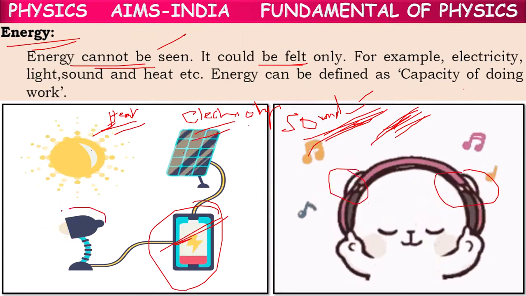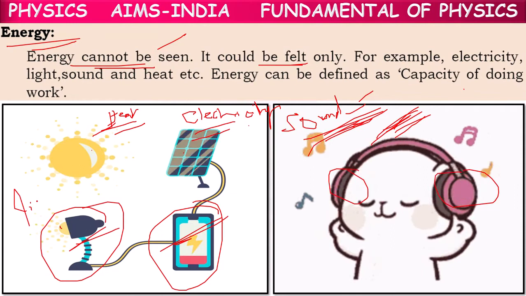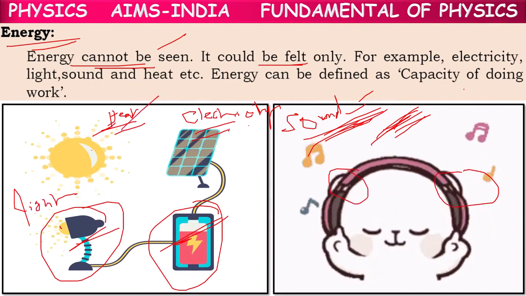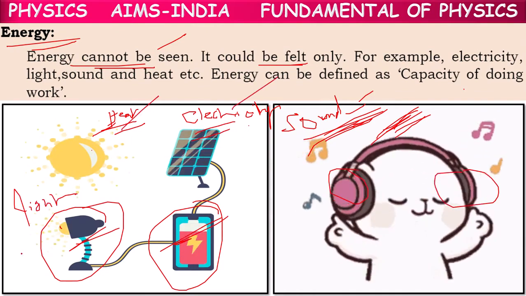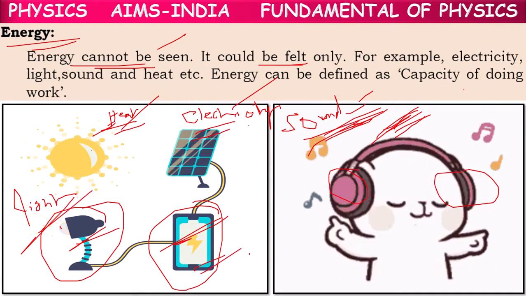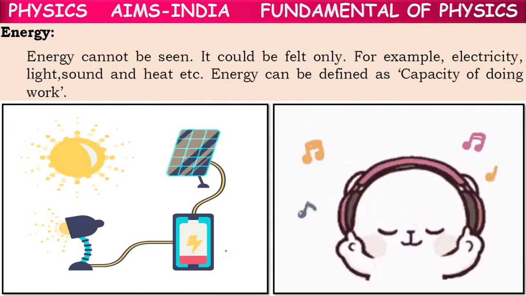From that, we can send it to a light bulb, and from there light energy comes out. This heat energy, electricity, light energy, and the battery's chemical energy are all different forms of energy which we can just feel.